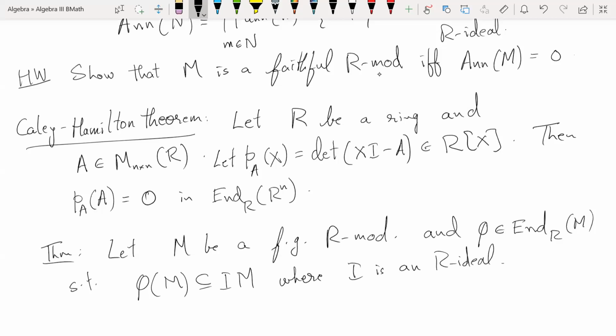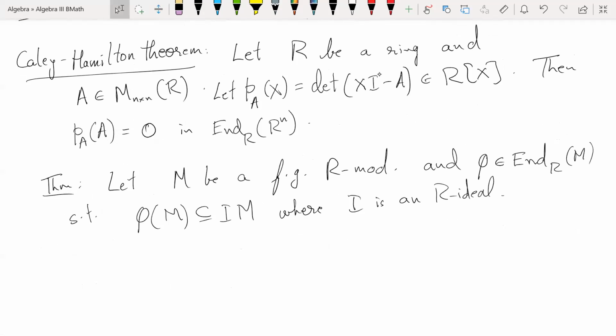If you don't assume this, you can also find a polynomial such that phi is a root of that polynomial. Since we don't know explicitly what the linear map does, we'll have to take a generating set and then relate it.